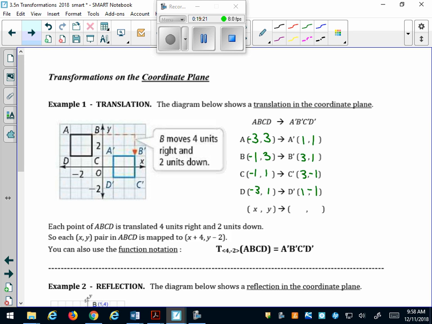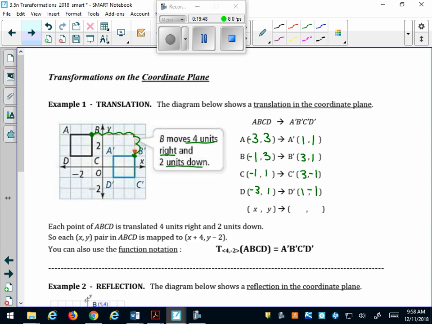Now they're telling us, and we could also see and count out, if we go from B to B prime, precisely how far or what direction do you take to get there? Well, you go to the right 4 and down 2. So the right 4 and down 2. And that will get you to your new location.